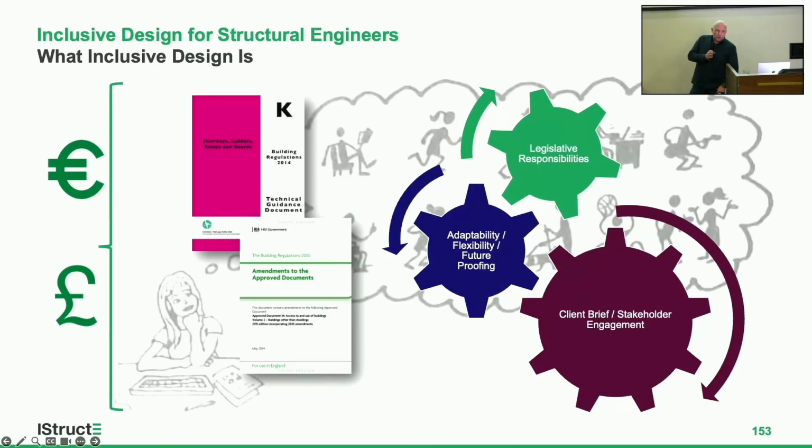So inclusive design is about taking the budget, for instance, the money that's available, the cost plan. What's interesting about that, though, and I'll come on to that in a little more detail and certainly in guidance that has been released, is that the money that's available to develop a building and consider inclusive design doesn't always need to be just the money that the client has available.